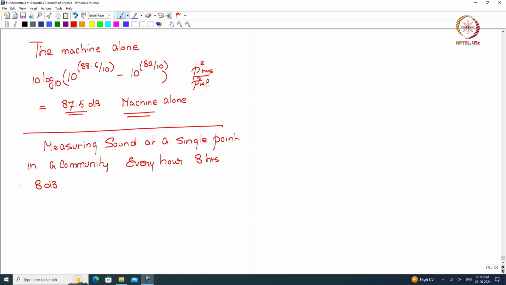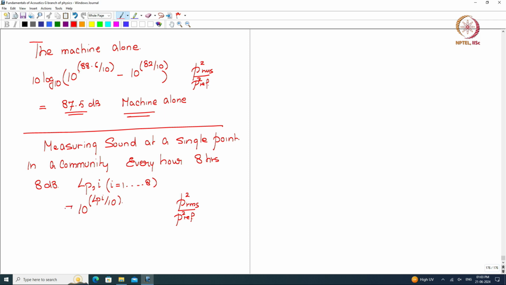We take the LP i, running from 1 to 8. The raw unit is 10 to the power LP i over 10. These are the raw p square RMS by p square reference values.